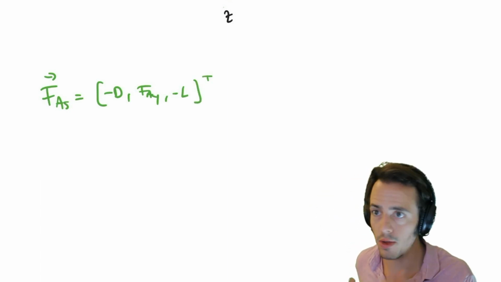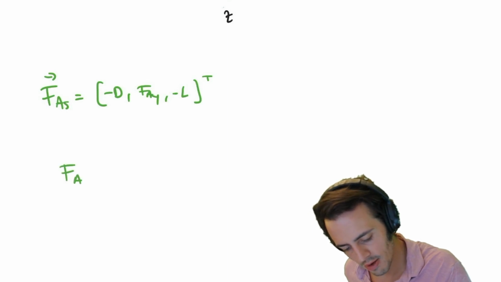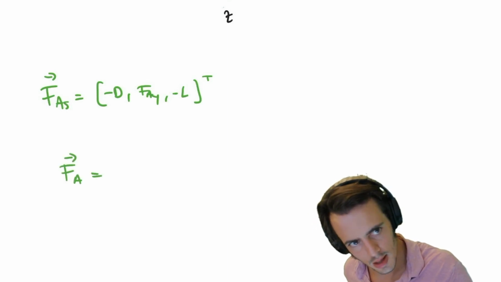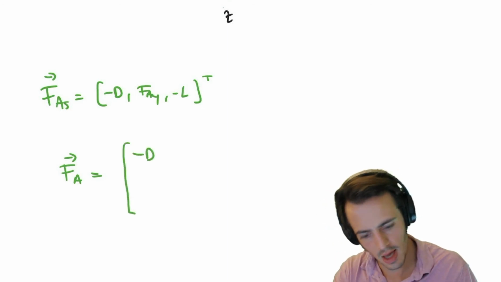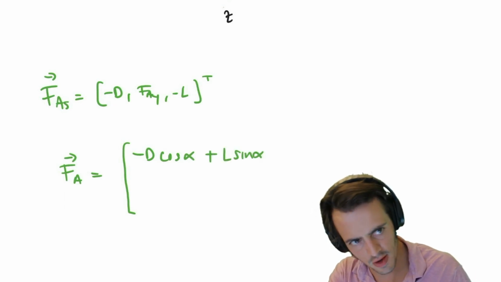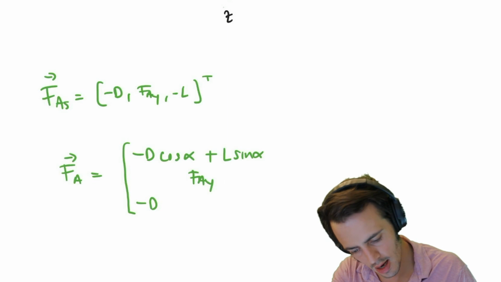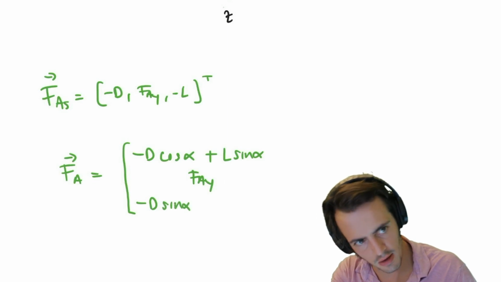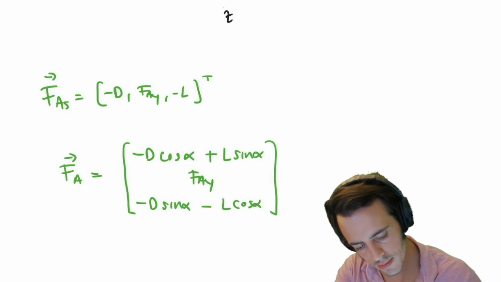So our vector, when you do the multiplication, we end up showing that the aerodynamic force vector is equal to minus D cos alpha plus L sine alpha, FAY doesn't move, which is useful, minus D sine alpha minus L cosine alpha.